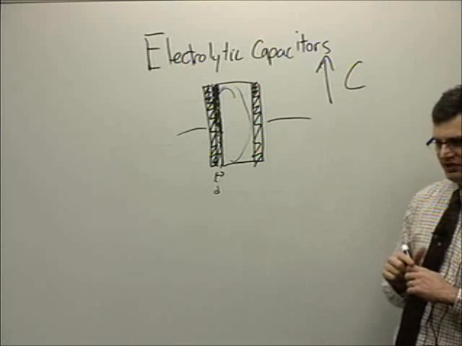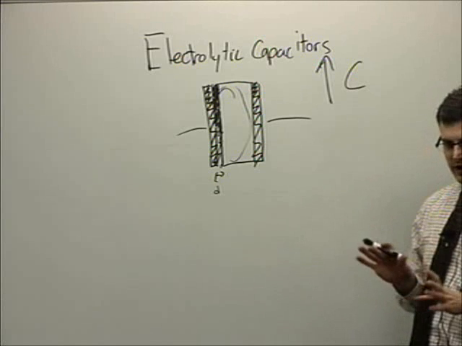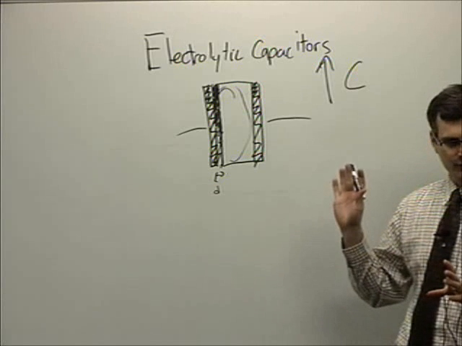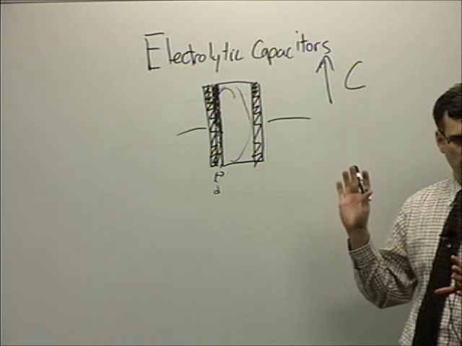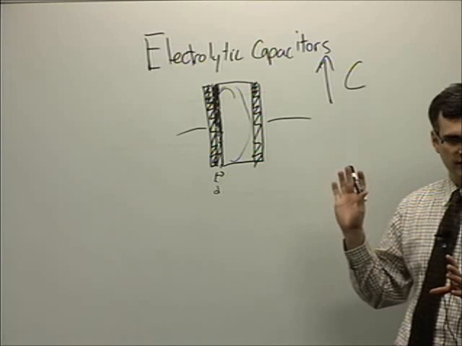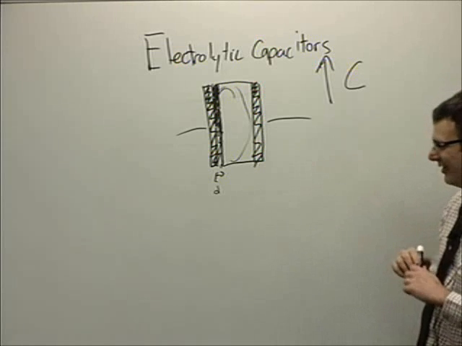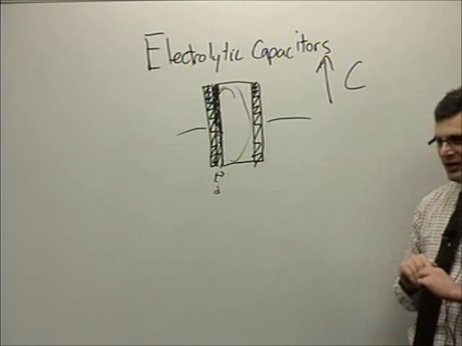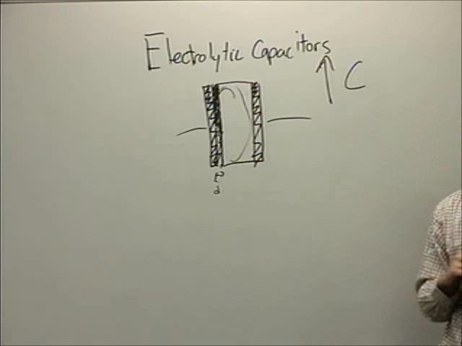There are a couple ways to do this. First of all, there are these supercaps. Anybody ever used a supercap before? Do you know how they make them? No? They're just super, right? No. What they do is something kind of like the electrolytic capacitor, but they take an aerogel.